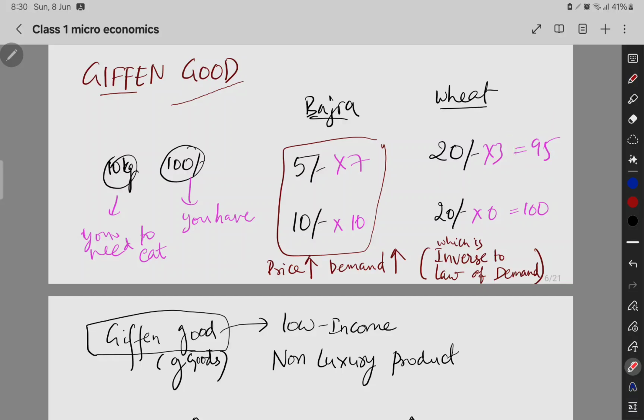I am still left with 5 rupees. That is how it is. But what happens when the price of bajra increases? Let us say the price of bajra increases to 10 rupees.